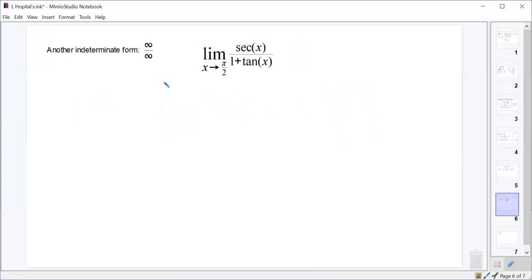All right, so there's another indeterminate form that we're going to talk about that can also be solved using L'Hopital's rule, and that's the form infinity over infinity. So if we think about the limit as x approaches pi over 2 of secant x over 1 plus tangent x, as x approaches pi over 2, what does secant have going on?